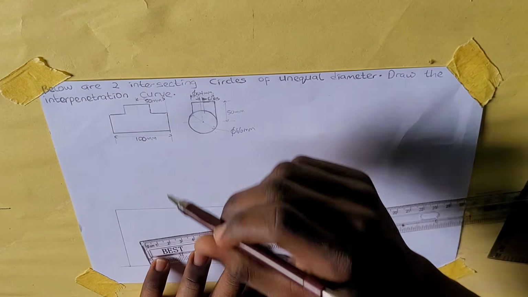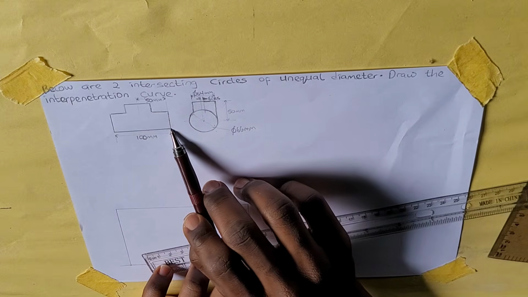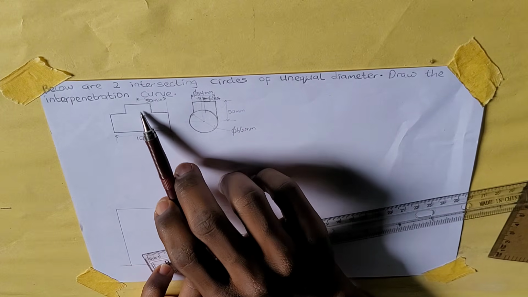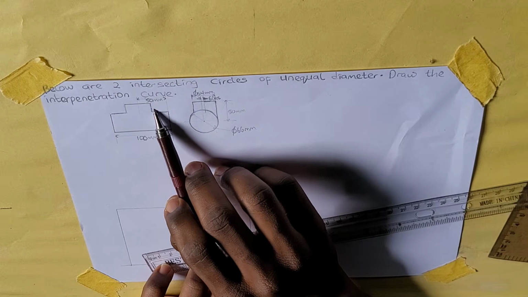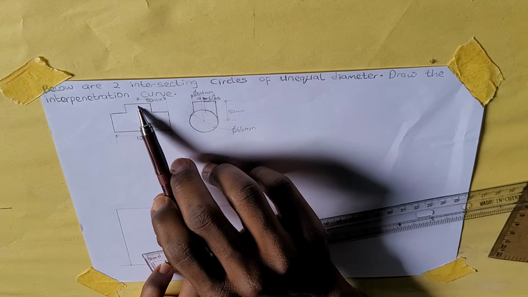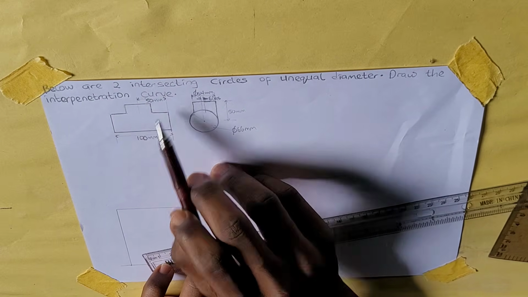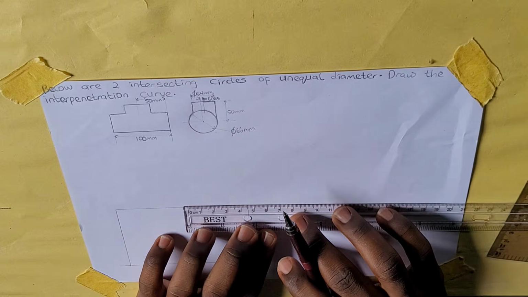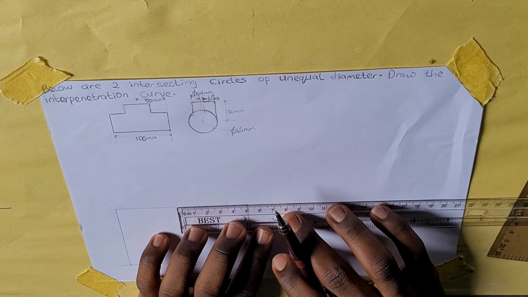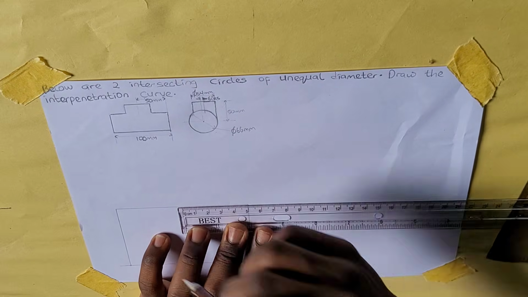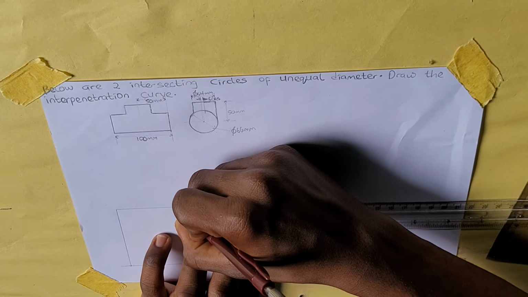The distance from here to the middle of this bump, the middle of this block, is 50 millimeters. So I'm going to measure 50 millimeters and mark it.